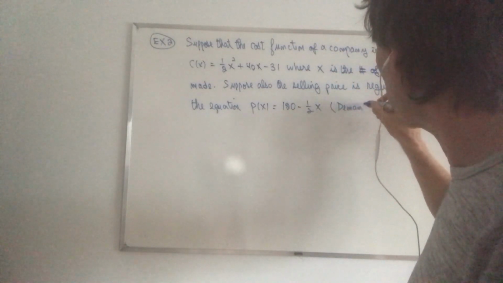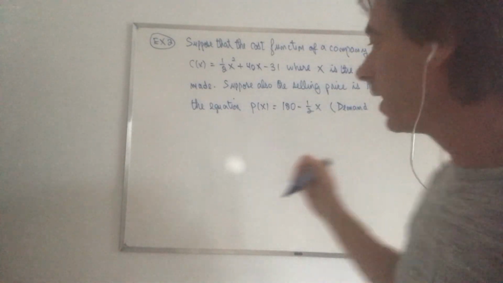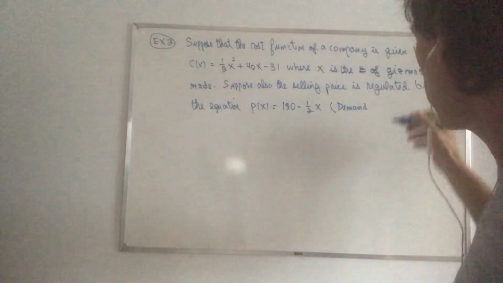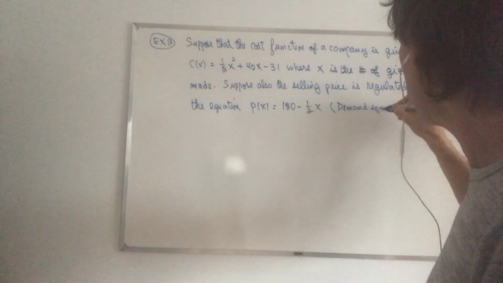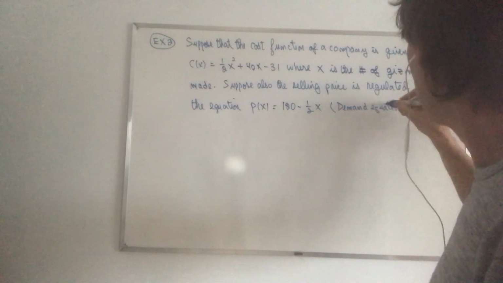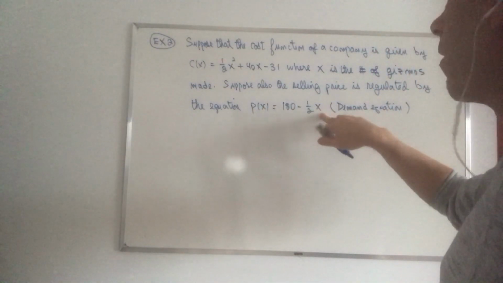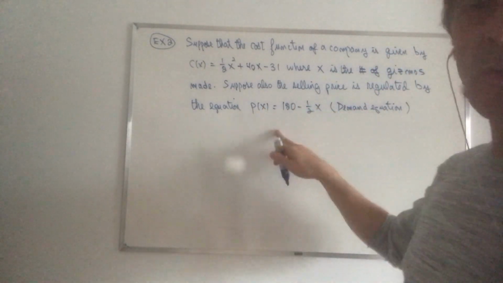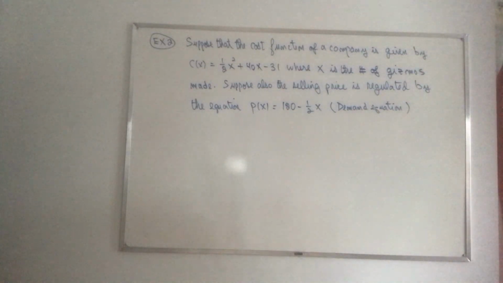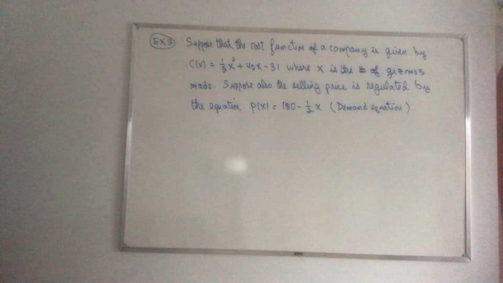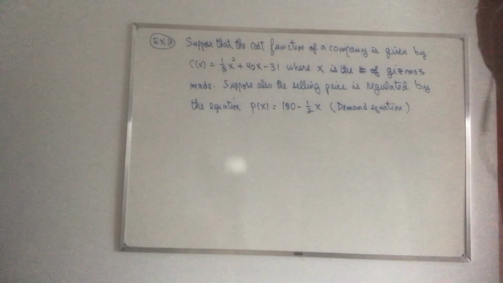Not extraordinarily important for us, but in Cal 2, we're going to play a lot with demand equations and supply equations. But we're in Cal 1, so we're just going to say the price depends on the number of items that one actually produces.